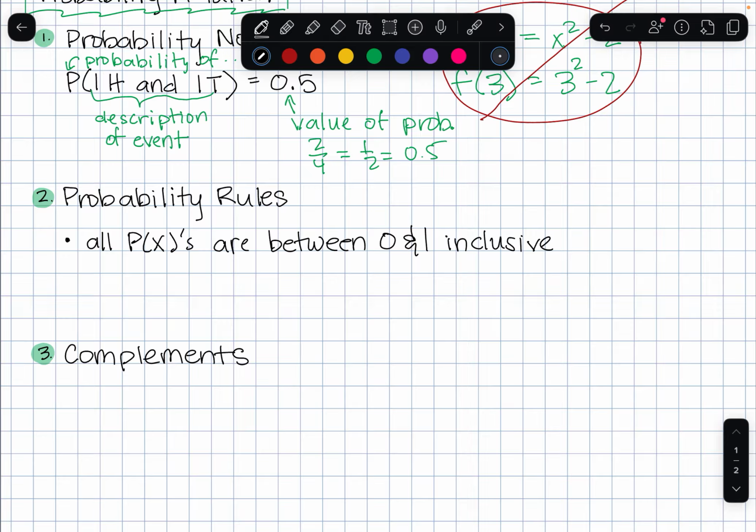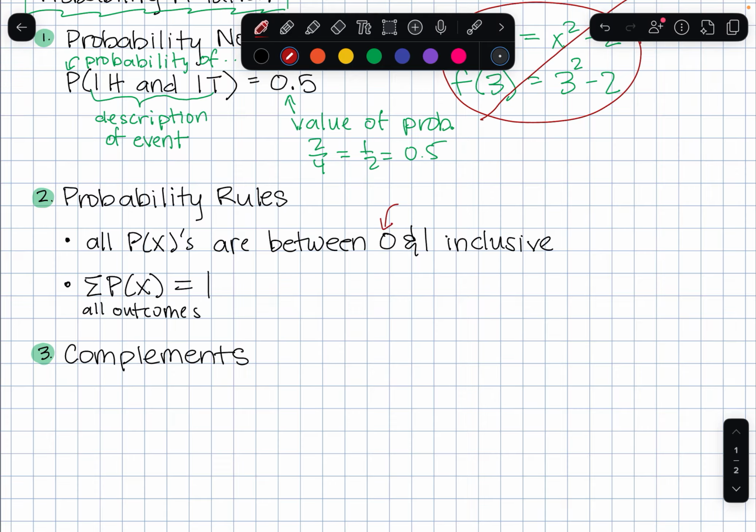The other thing we keep in mind is that the sum of all of the probabilities for the entire sample space, so all outcomes, should be equal to exactly 1. And that has to do with what that 0 and 1 mean.